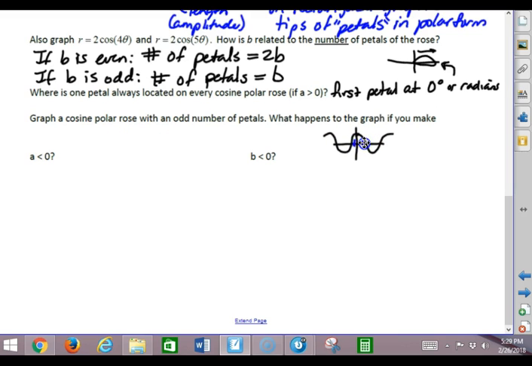Okay, the first illustration was that if a is less than 0, that changes every petal 180 degrees.